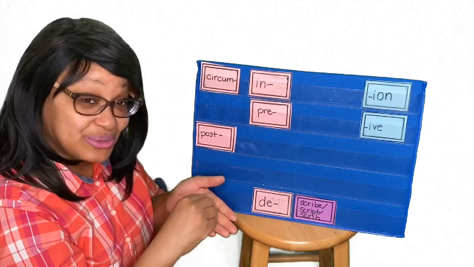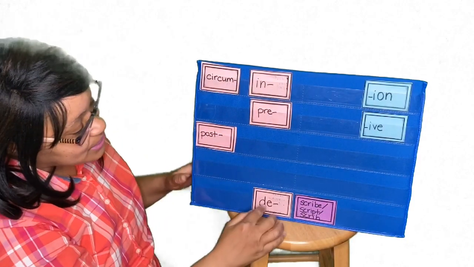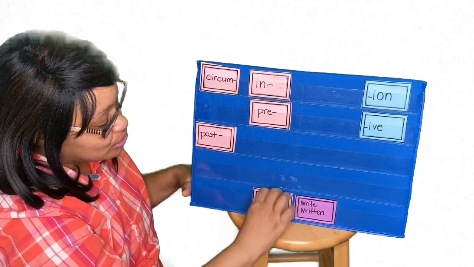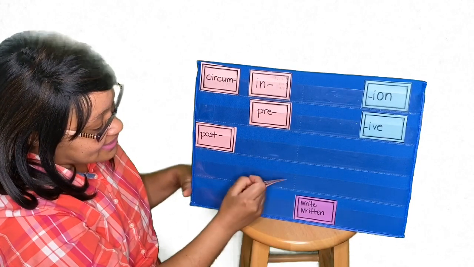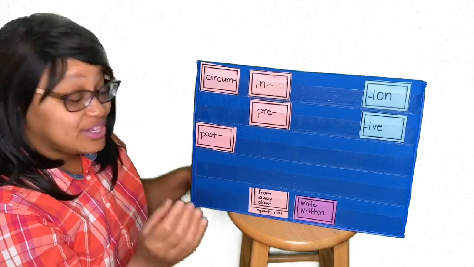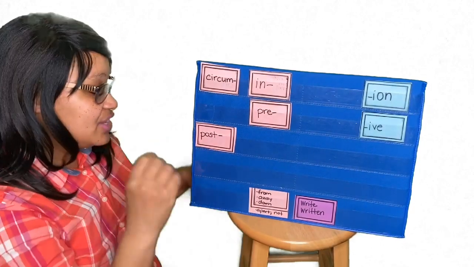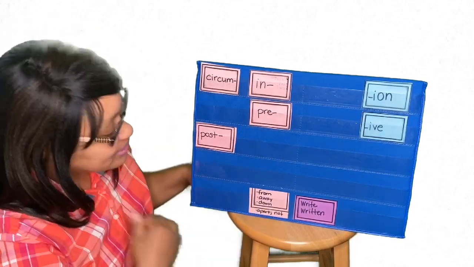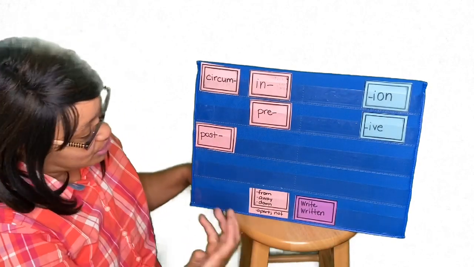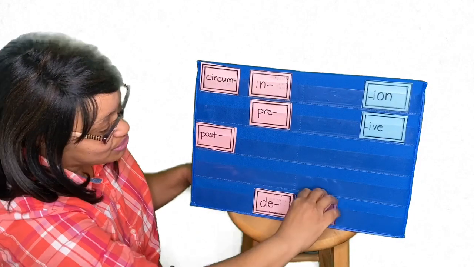I'm not sure if that's correct, but we can come up with our own movements if we like. So describe. When you describe, then you write, and de means from, away, or down. In this case, you write down. So when you describe something, you are writing it down, telling it as you see it or as you know it. So describe, write down, describe.